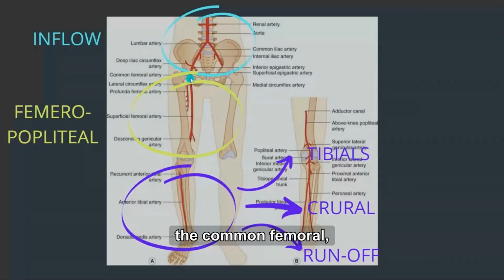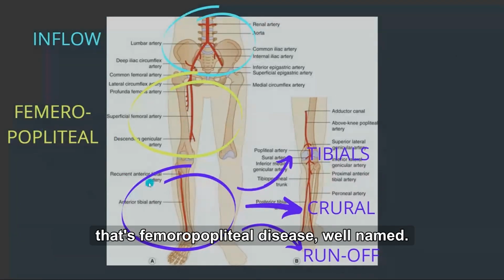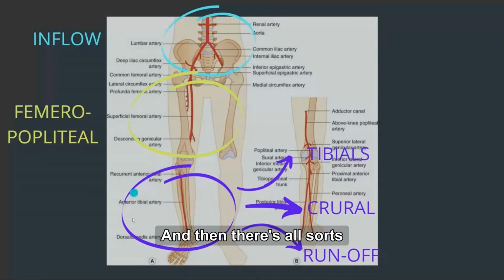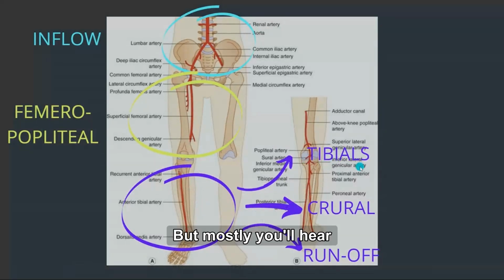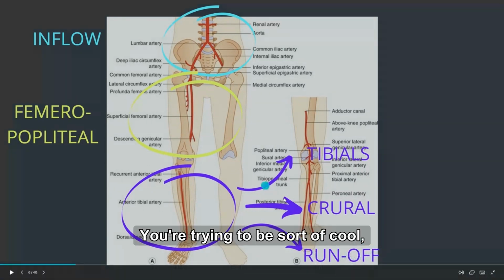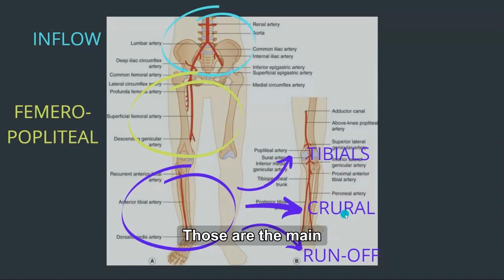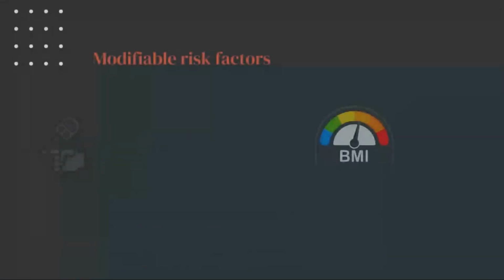The common femoral, superficial femoral artery, popliteal artery, and the profunda, that's femoral-popliteal disease, well named. And then there's all sorts of names for below the knee. But mostly you'll hear people calling these arteries the tibials, the crural vessels, and the runoff. If you're trying to be sort of cool, you probably call it the runoff, I guess. I don't know. But those are the main terms you're going to hear.